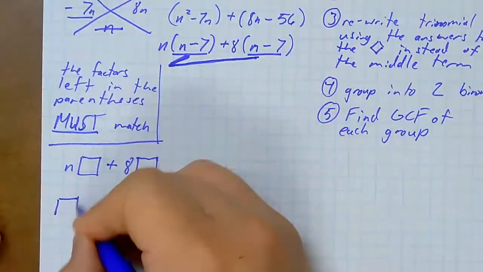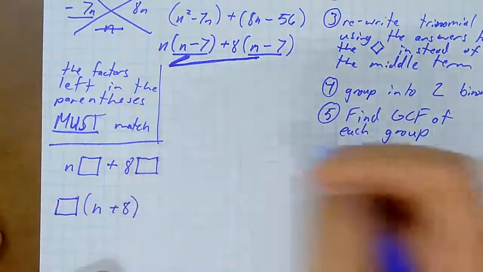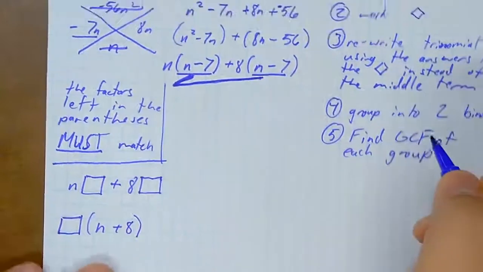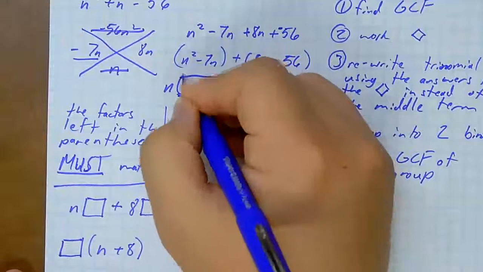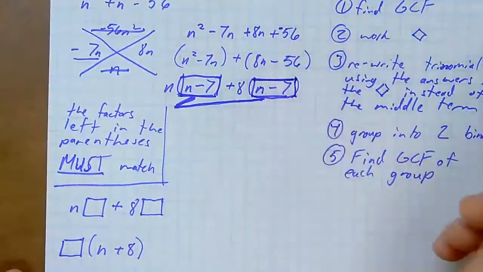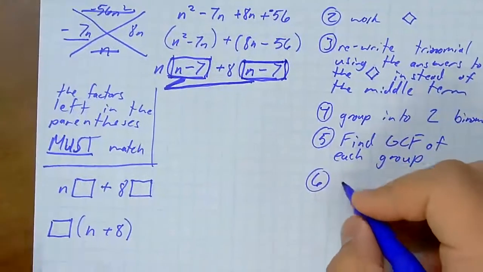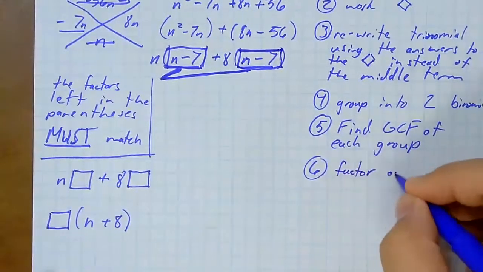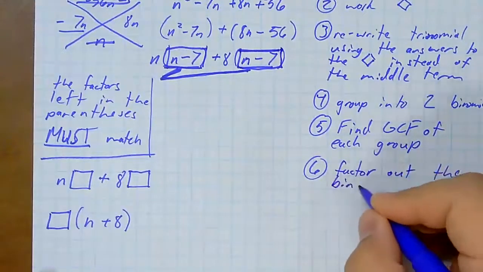So we would have box times n plus 8. The reason I bring this up is because now instead of a box, we have a group of n minus 7 here. And so step 6 is factor out the binomial.